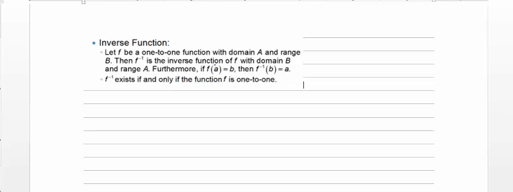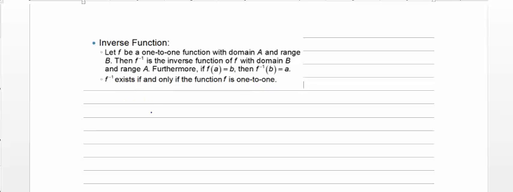If we have a one-to-one function f with domain A and range B, then f inverse is the inverse function of f with domain B and range A. Notice if f of A equals B, then f inverse of B will equal A. F inverse exists and is a function if and only if the function f is one-to-one.